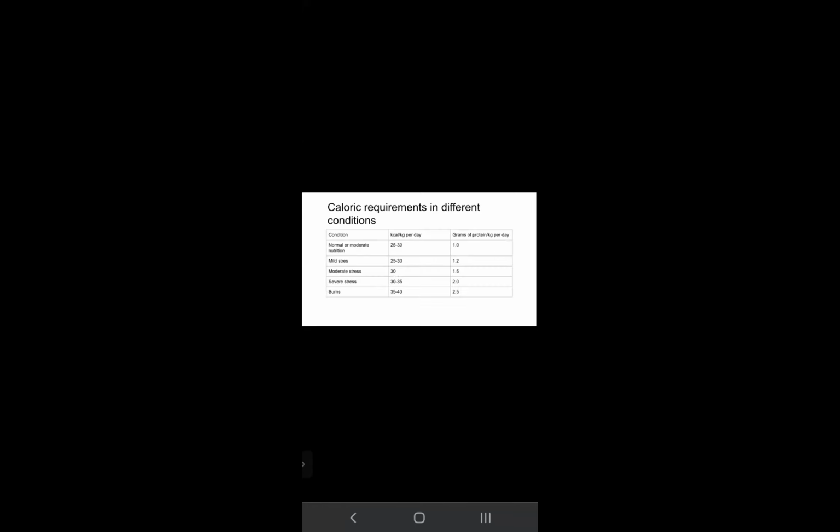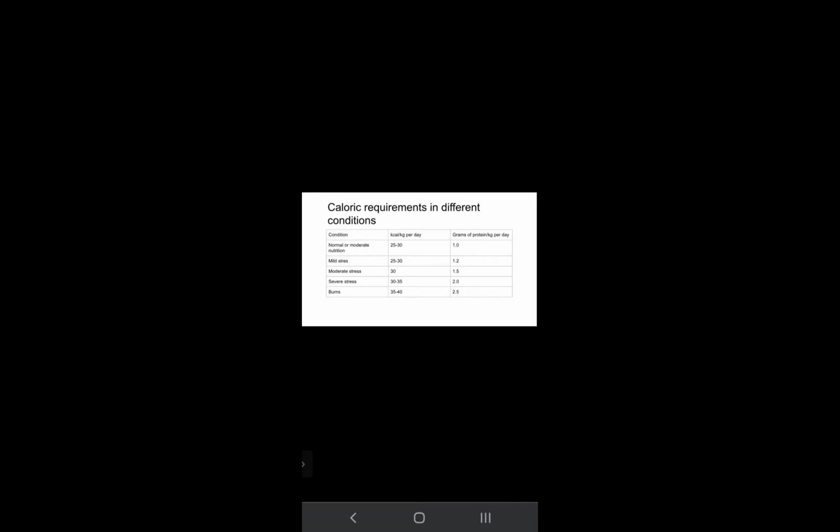Now, caloric requirement in different conditions. In normal individuals, the per day kilocalorie requirement is 25 to 30, and protein requirement is 1. In mild stress, it's 25 to 30 kilocalorie per kg per day, and protein requirement is 1.2 gram of protein per kg per day.